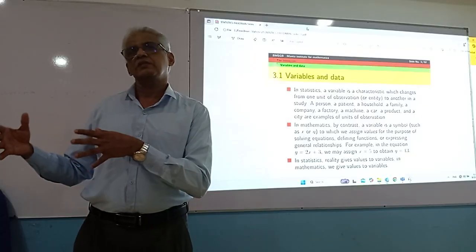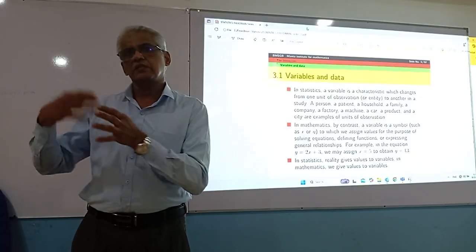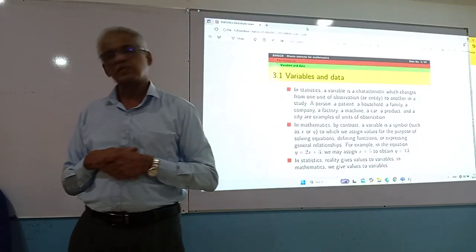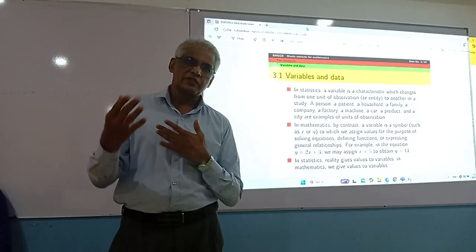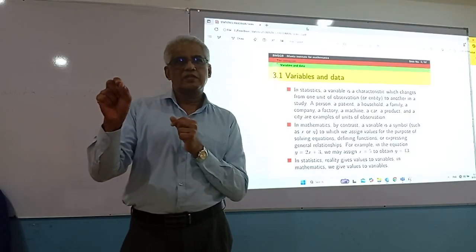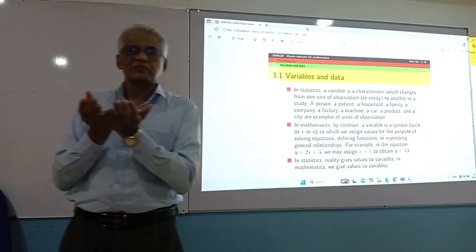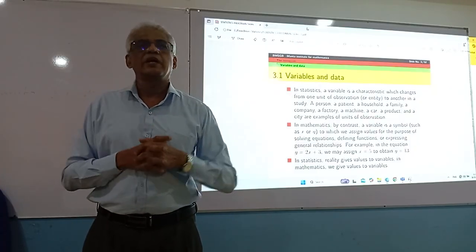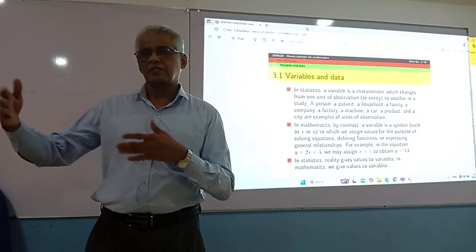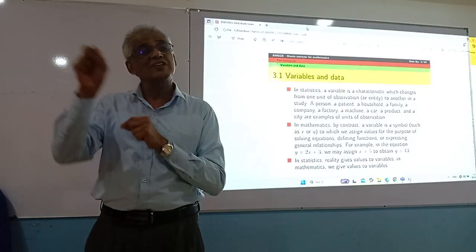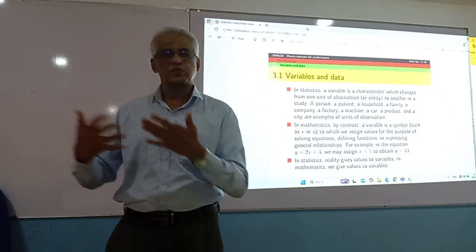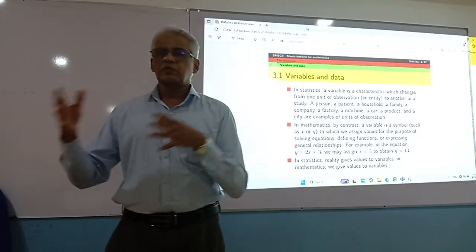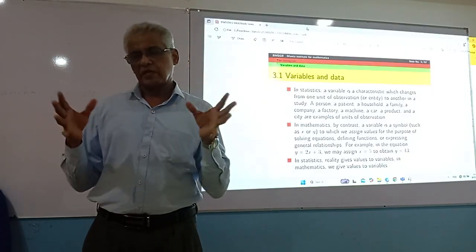So a variable is some characteristic of a unit which varies from unit to unit, in statistics. Therefore in statistics we don't assign values. They naturally have values. For example, if you take a person, a variable is say height of a person. So height varies from person to person. We don't assign the height, no. The person naturally has some value. So that is the difference between the idea of a variable in mathematics and statistics.